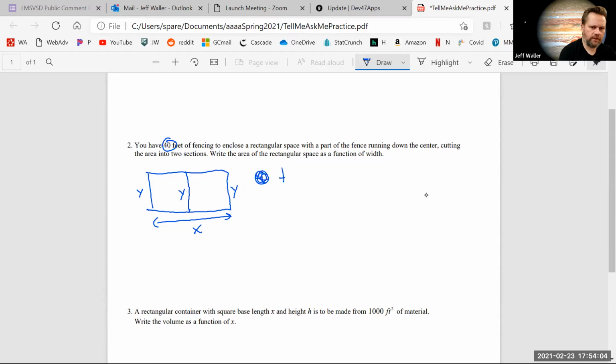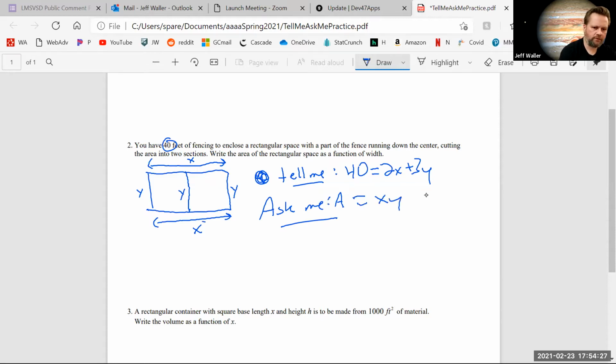Not just 2 widths and 2 lengths. What's it go into now? 2x plus 3y. Yeah, 2x plus 3y. And they're still asking me for the area, and the area is still x times y. Is that cool?